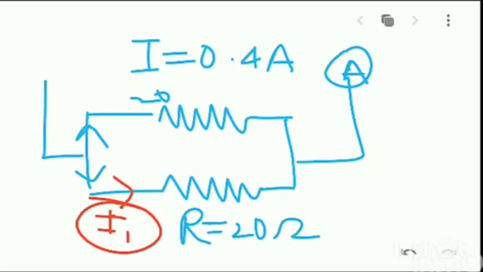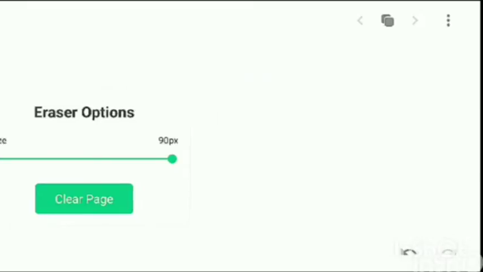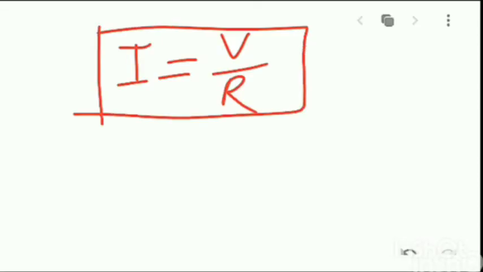Now here is a very beautiful formula we must know. It's called partition of current. We all know from Ohm's law that I equals V by R. That is the total current flow of the circuit. And if the current flow is divided into two portions, we must check which portion is getting how much.